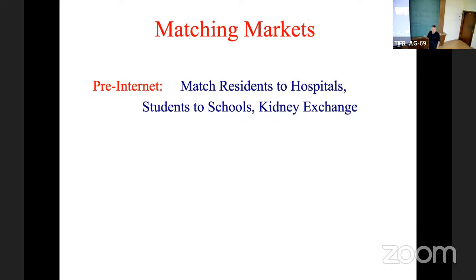In the medical world, you match residents to hospitals. Then after they graduate, they have to do a residency. You have to match them to hospitals, and there's a matching that goes on, and that uses the Gale-Shapley stable matching algorithm. You match students to schools, and in large cities, like New York City, you have 100,000 students and 100 schools, and you have to do it through a computer.